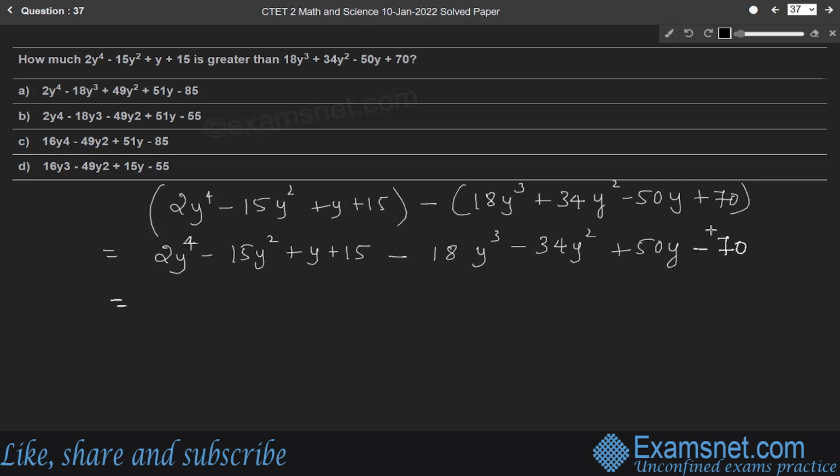Which is equal to 2y to the power of 4 minus 18y cube, minus 15 minus 34, so it is minus 49y square, plus y plus 50y, which is plus 51y, minus 55. Therefore, option B is the right answer.